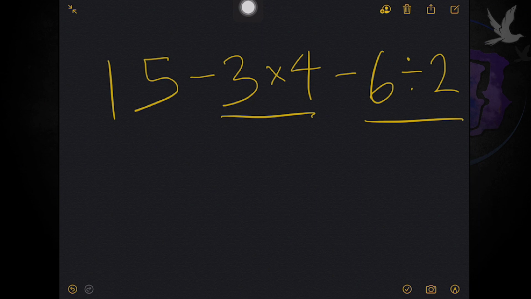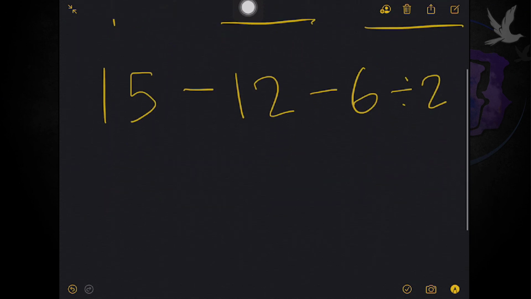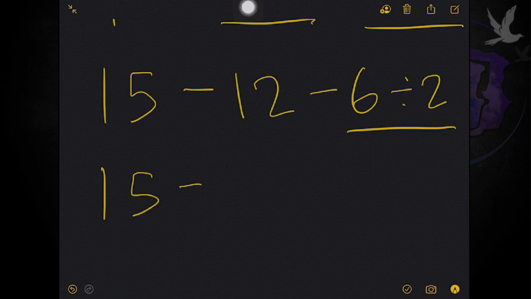Okay? Rewriting everything, that's 15 minus, 3 times 4 is equivalent to 12, minus 6 divided by 2. Okay. Do you see any multiplication process here or division sentence? Yes, there is, which is 6 divided by 2. So all you have to do now is to rewrite 15 minus 12 minus 6 divided by 2.